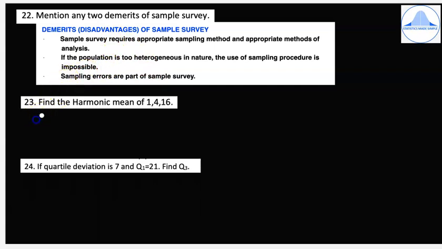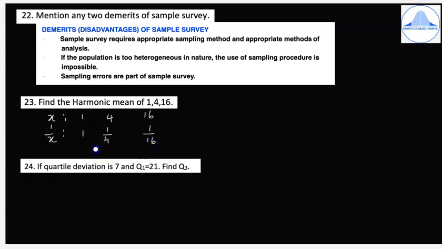The 23rd question, find the harmonic mean of 1, 4 and 16. So the given data is raw data. So first let me write the x values. The x values are 1, 4 and 16. So let us find out 1 by x, which will be 1 divided by 4, and then you have 1 divided by 16.